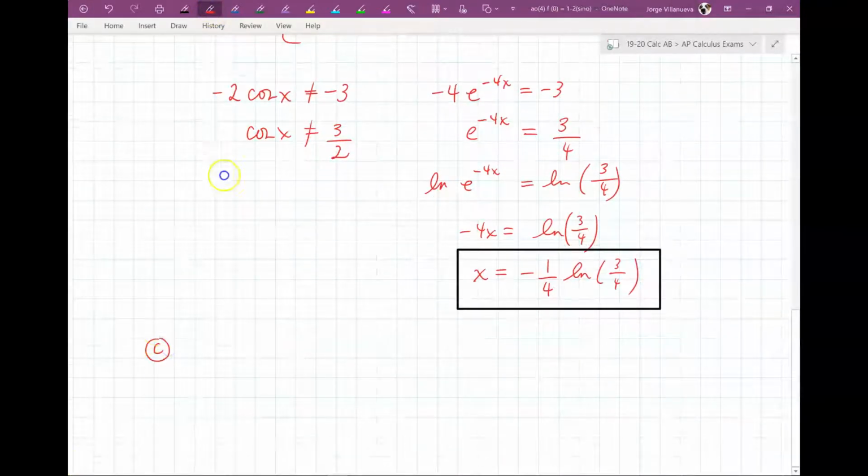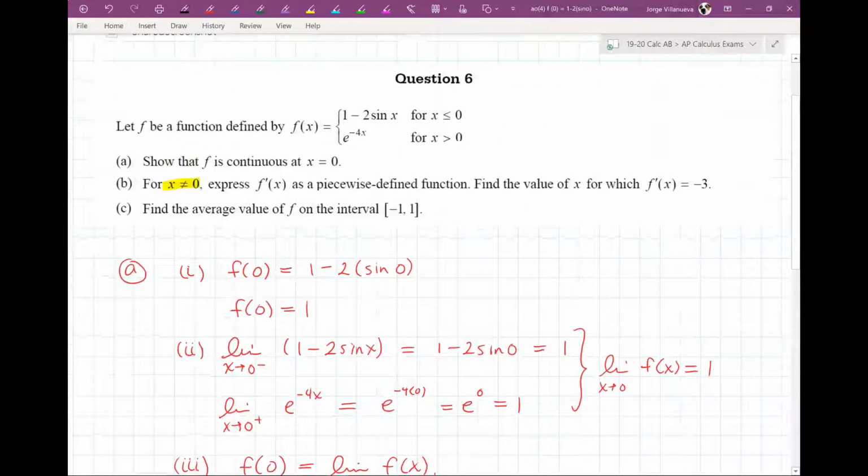Now, just so you guys know, part C will not show up on your exam because that's an average value function, and according to the AP website, that's part of Unit 8. So you guys don't have to know Unit 8, but we'll do it anyway. It says find the average value of f over the interval from -1 to 1.